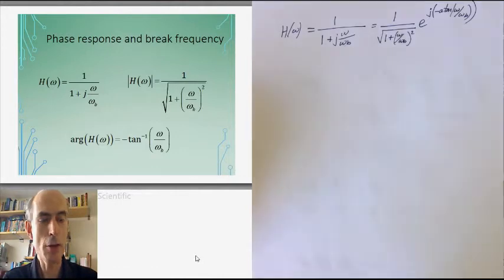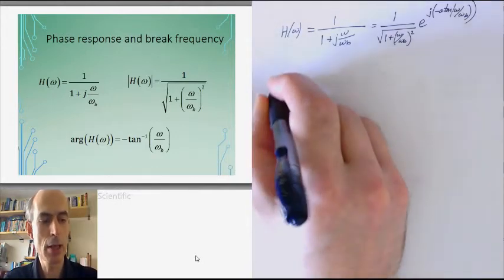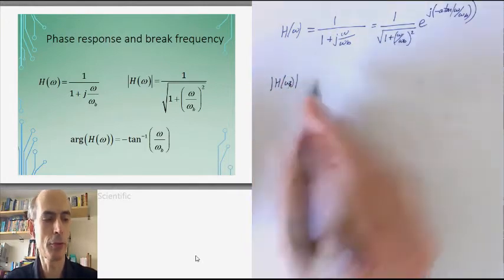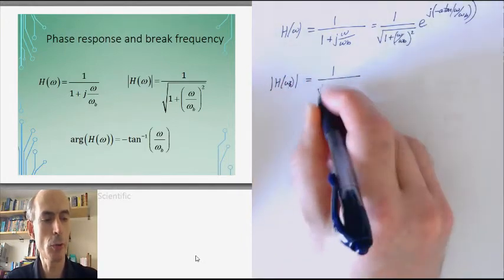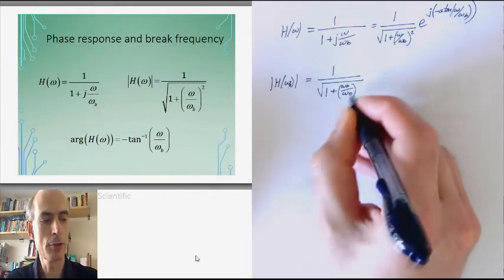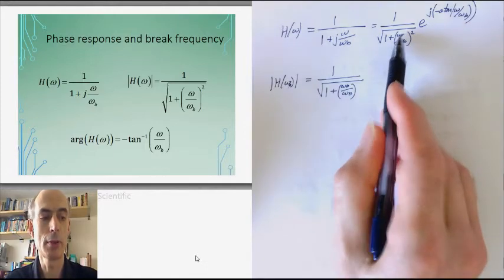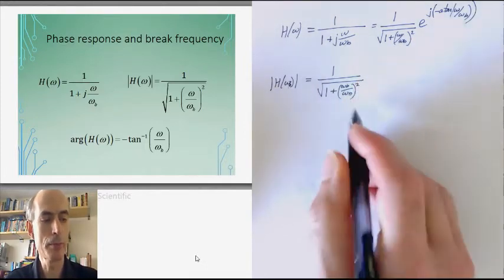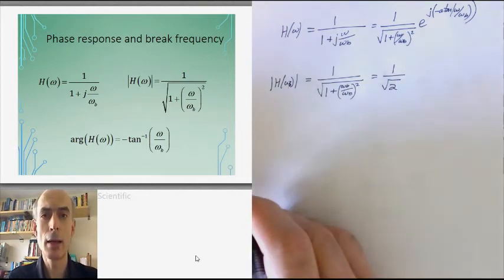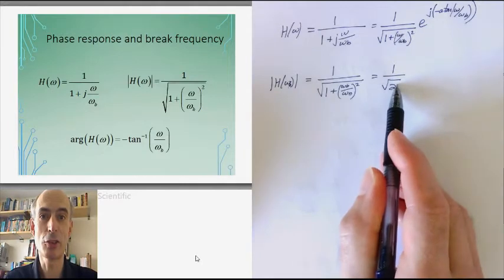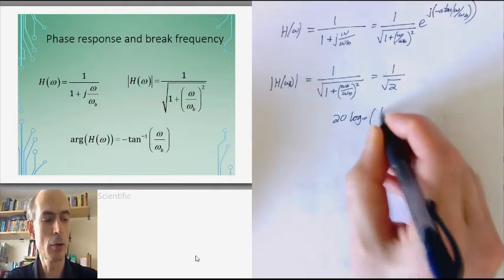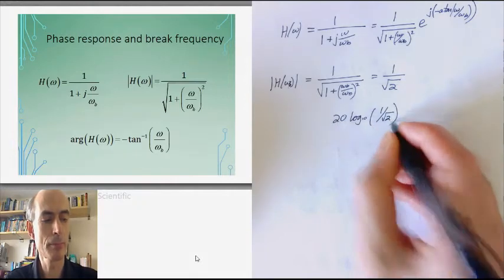So, the amplitude response at the break frequency would be 1 over the square root of 1 plus (omega b over omega b) squared, since I'm evaluating this when omega equals omega b. That's just 1 over the square root of 2. And if I was to work out what that is in terms of dB, it would be 20 times log to the base 10 of 1 over the square root of 2.